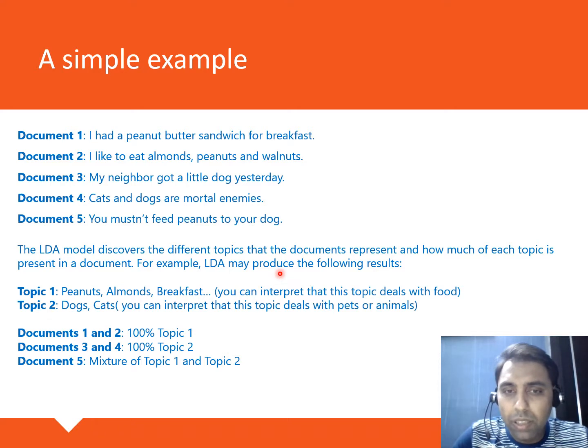So for example, in this case, the fact that I am saying that topic 1 is about breakfast, food or nuts is my interpretation by looking at the words present in that topic.